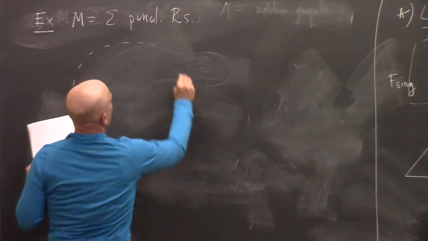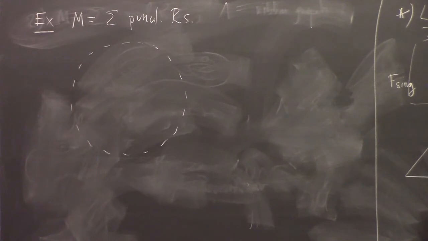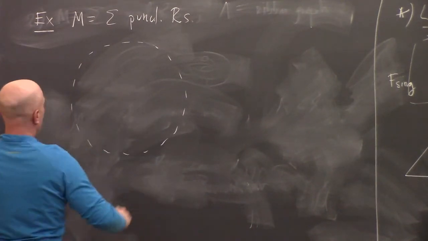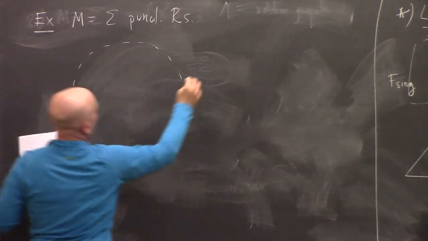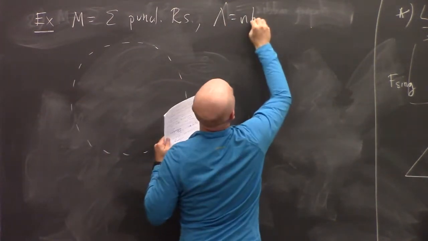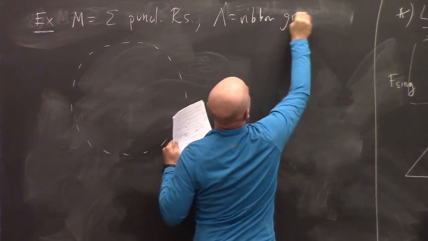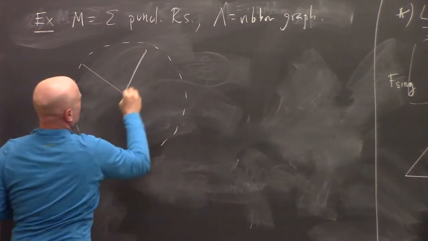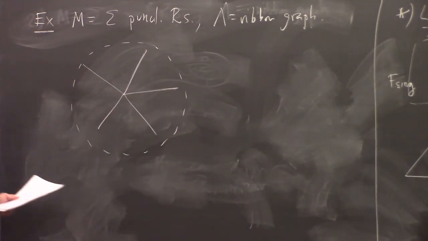Following Eric's tradition of local pictures being dotted lines, dashed lines. So let's say you have this ribbon graph. Lambda is a ribbon graph. Locally it looks something like this. It has some spokes.